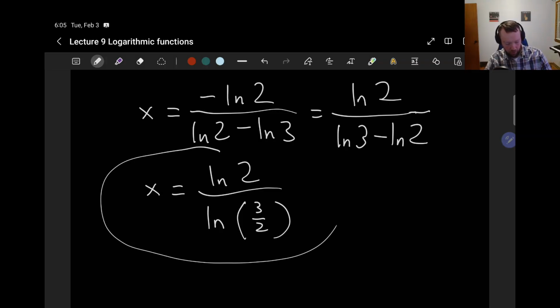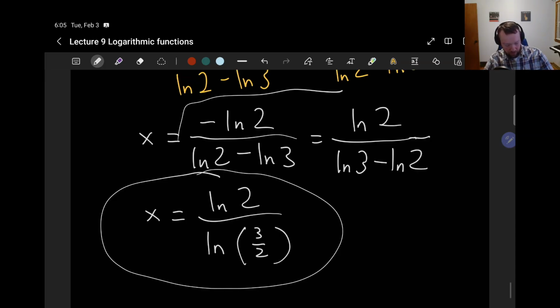I'd say this is the most simplified version. These previous two answers were okay, but this is the most simplified version. Now, when I have a log divided by a log, there's really nothing you can do with that. There's no special property for that.